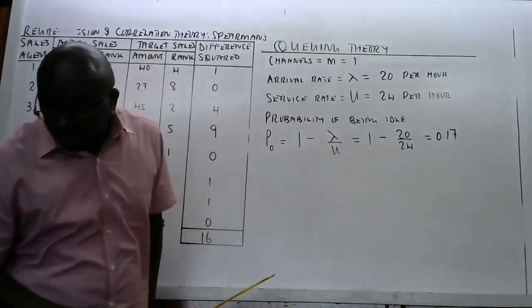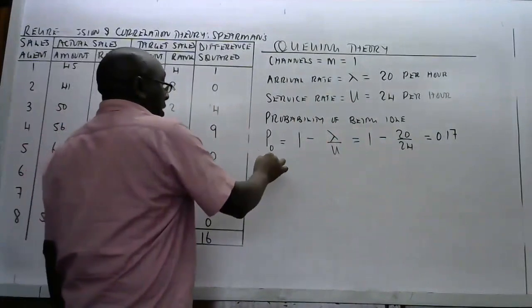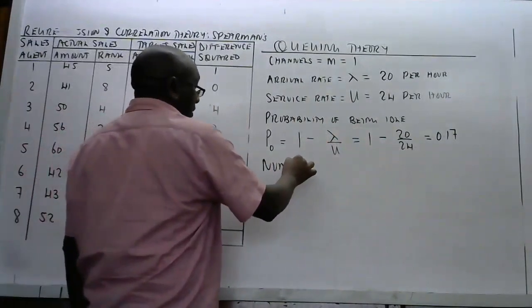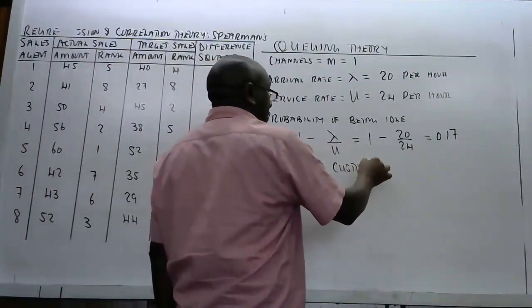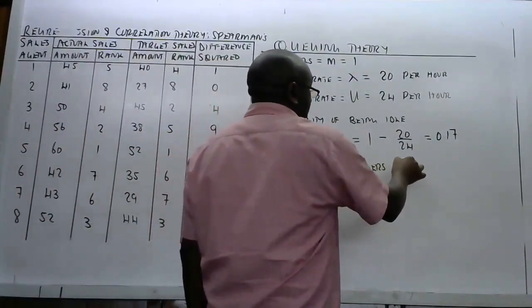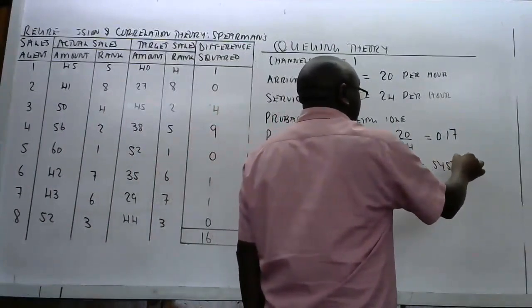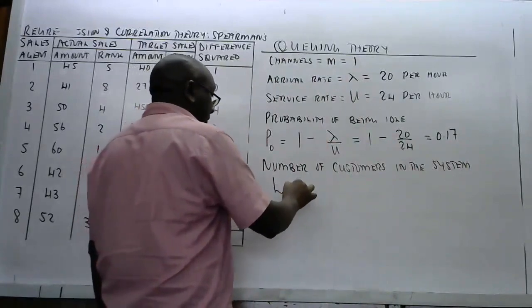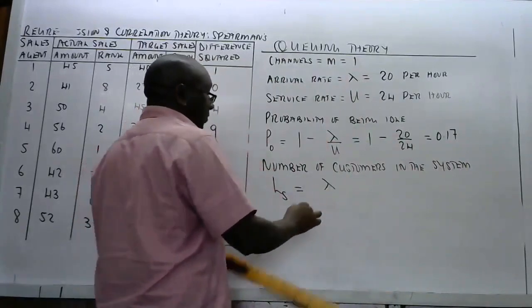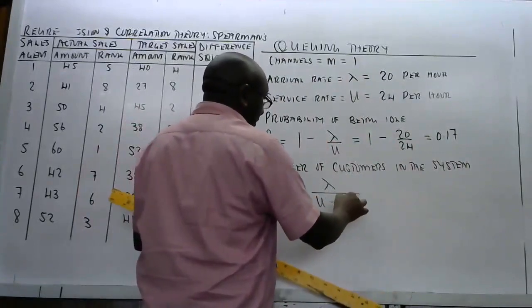Then we are asked the number of customers in the system. The number of customers in the system, we say is represented by LS, which is given as lambda divided by mu minus lambda.